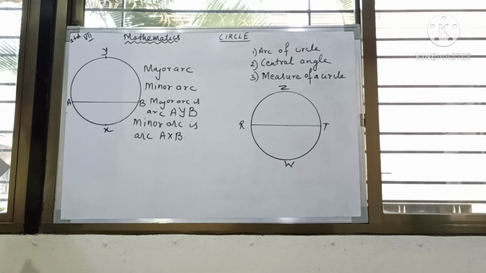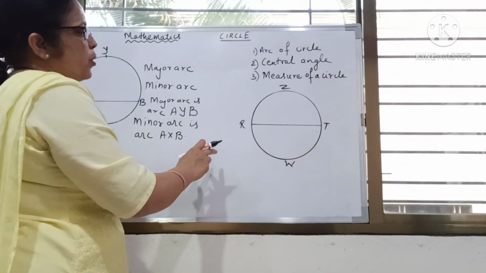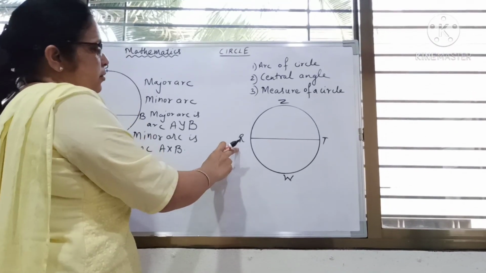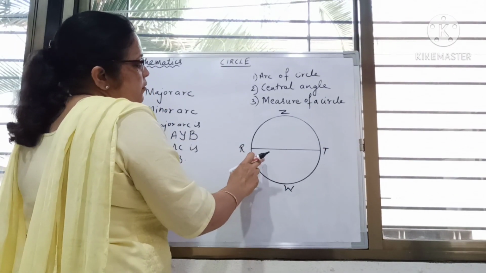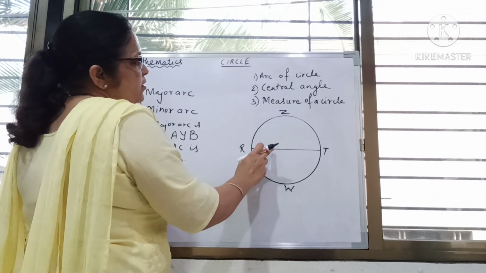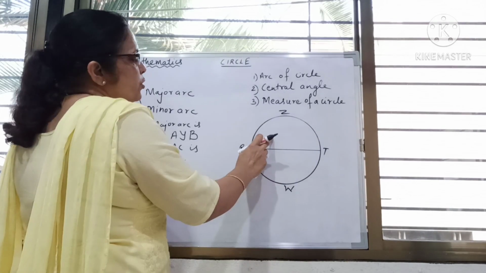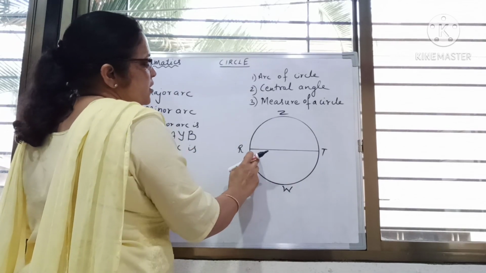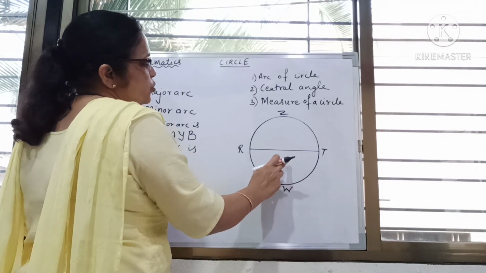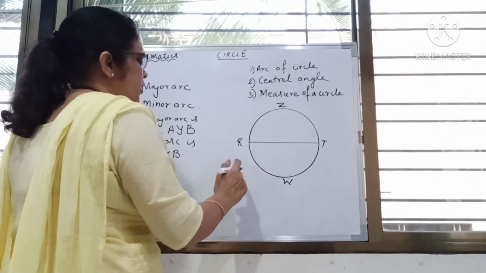Now we will study the next point. In this figure, RT is the diameter. This diameter divides this circle into two equal parts. Now each part is an arc and these two arcs are equal.